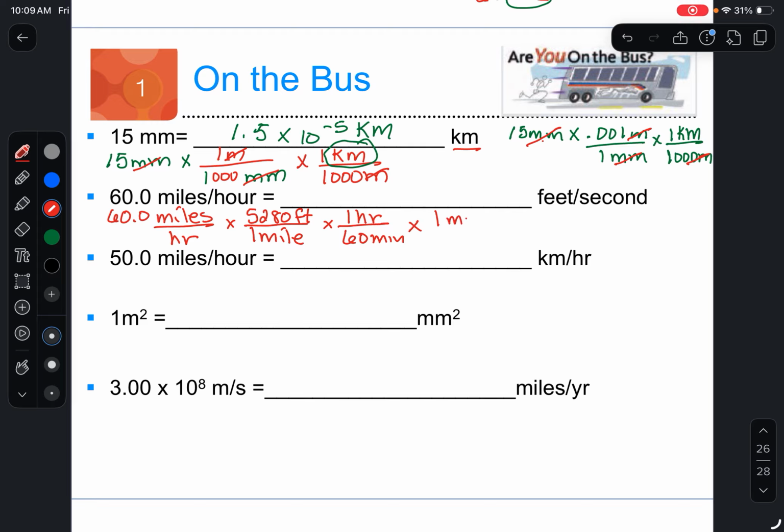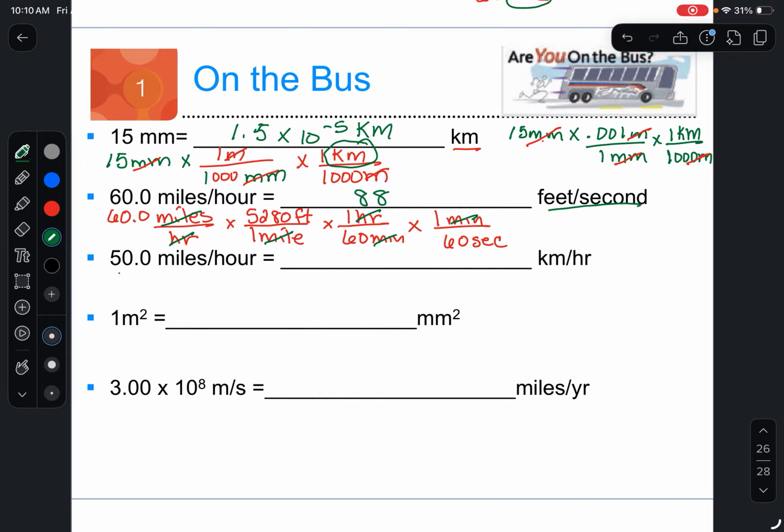And in 1 minute, we have 60 seconds. So again, we check our units. Miles cancel, hours cancel, minutes cancel. We're just left with feet per second, and that's what we're asked to find, and you should come up with 88.